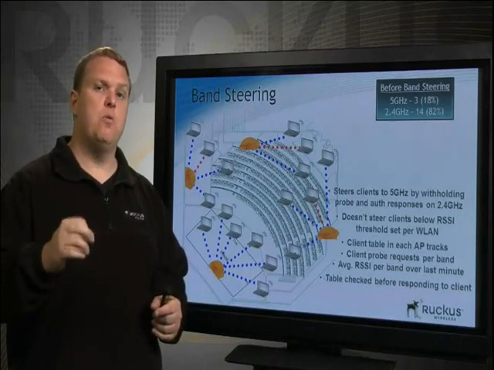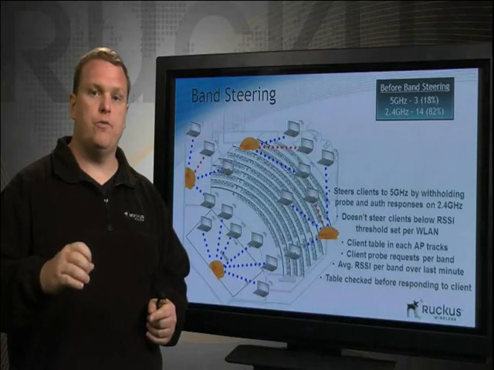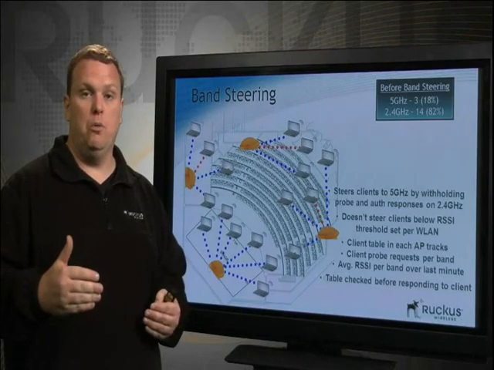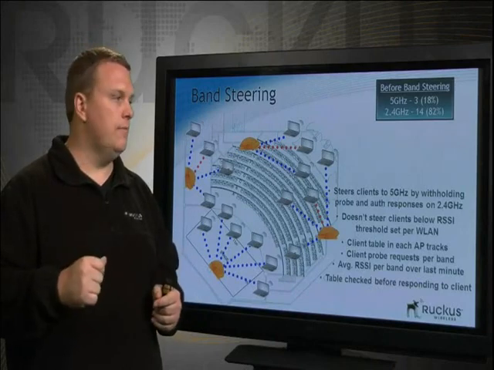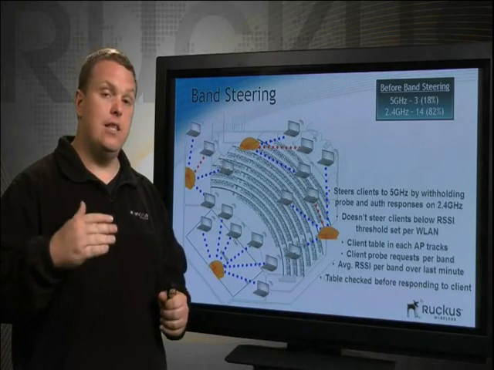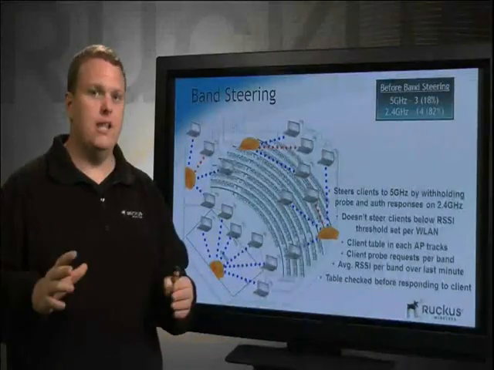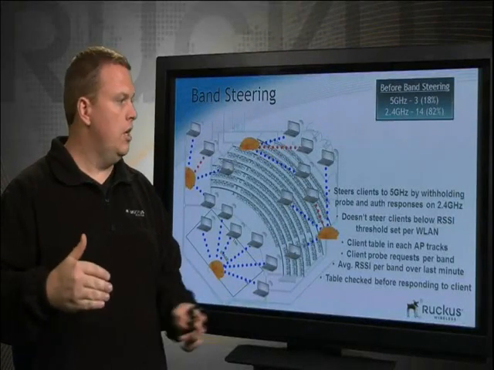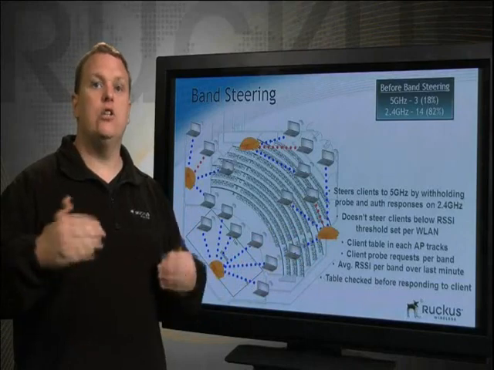Well, if a Ruckus system sees those probe request frames on 5 gigahertz as well as 2.4, we know it's a dual band client. So what we'll do is, the next time it connects, because you don't want to disconnect something to move it, the next time it connects or roams, we will steer the client to 5 gigahertz.